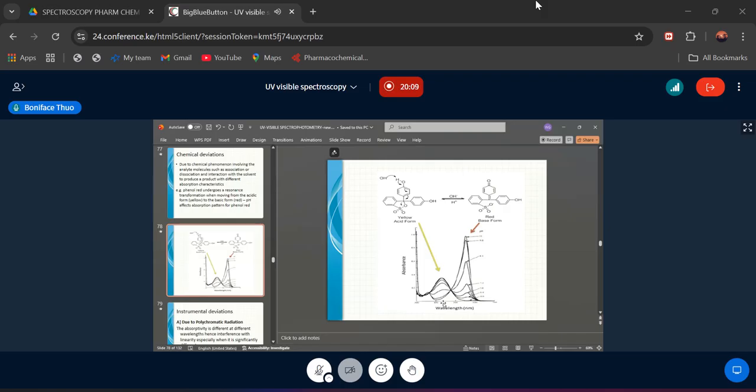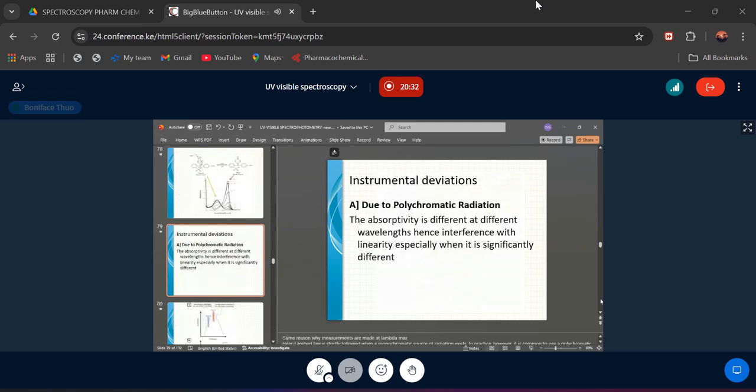So if you were to measure the absorbance, you'd see a variance depending on the pH of the solution, and you can see the intensities changing accordingly as the relative proportions of the ionized and neutral molecule change.